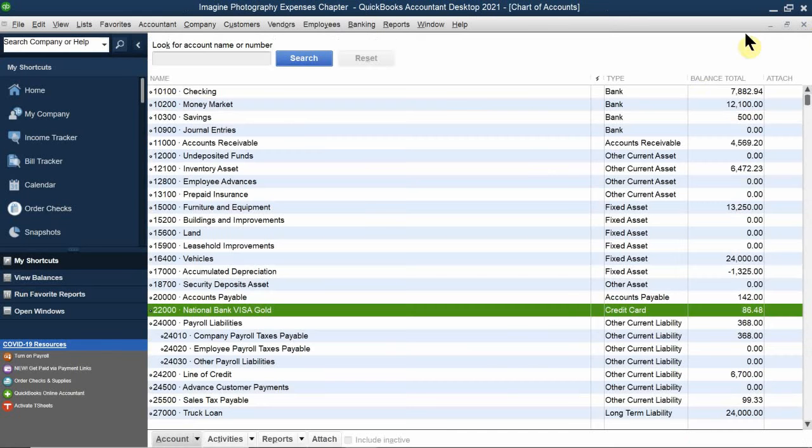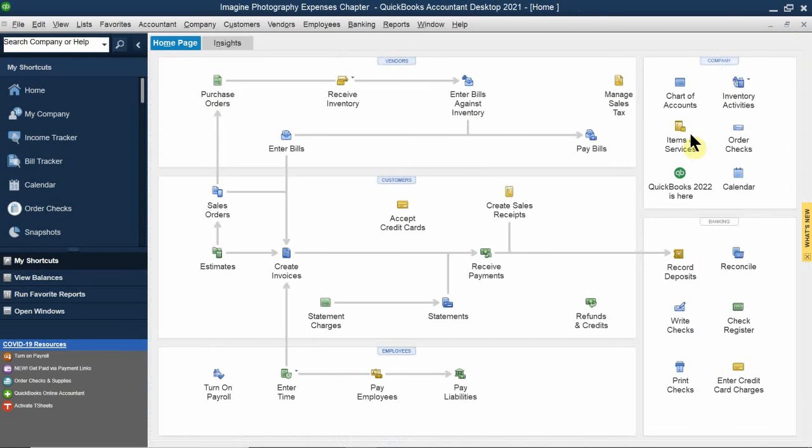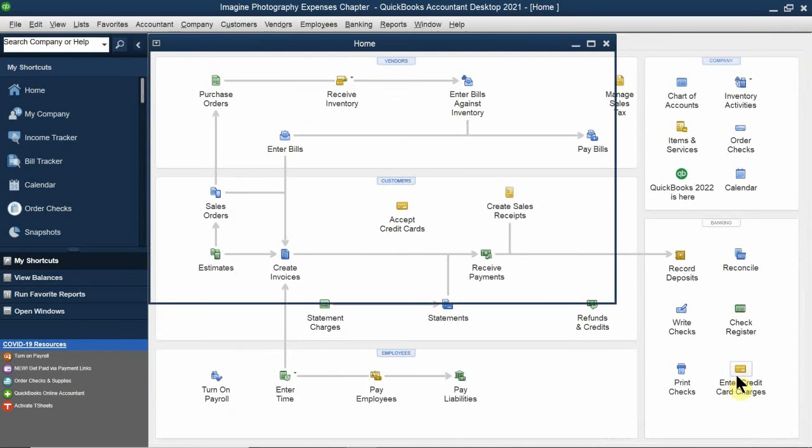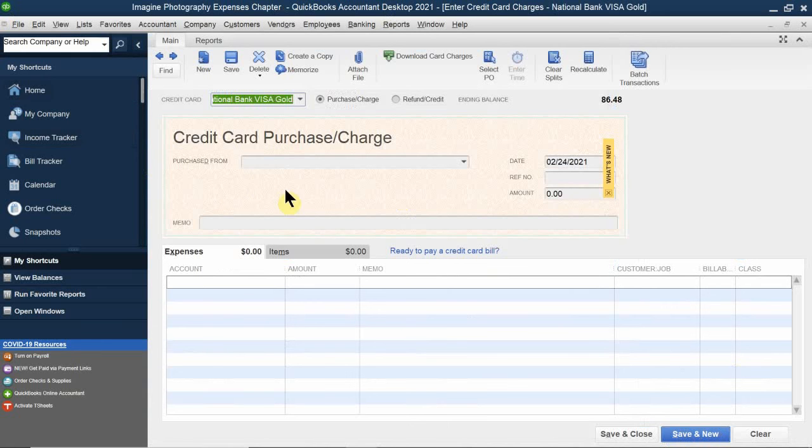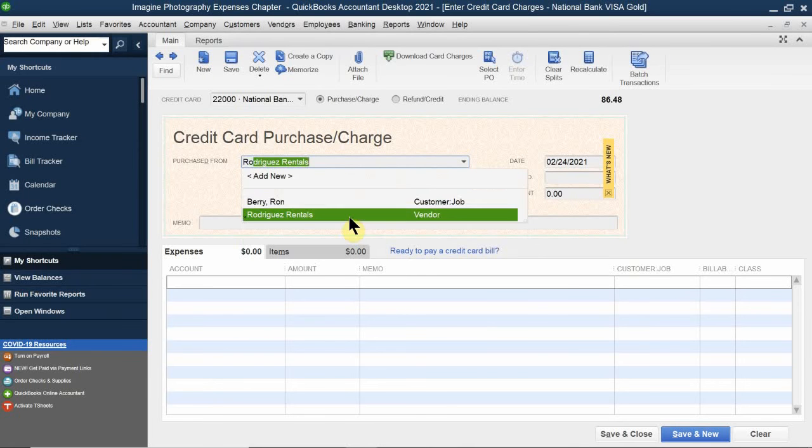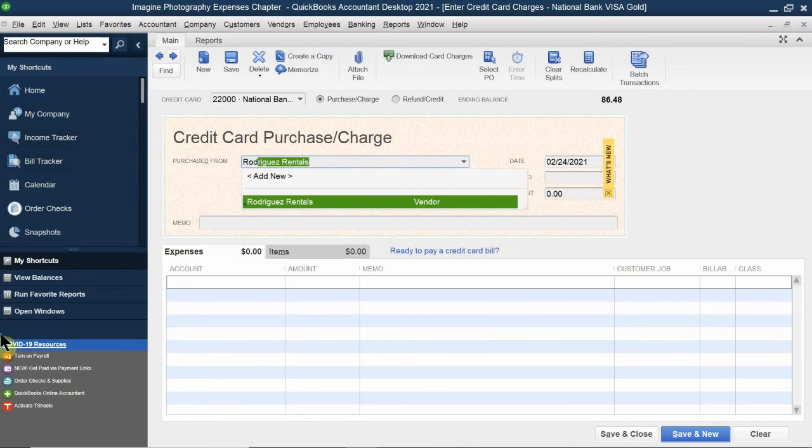What can this Rodriguez Rentals do for me if I enter this as a credit card transaction? Well, let's take a look. So again, Rodriguez Rentals. In this case, I'm going to be renting equipment from them, and it's going to be on the 25th.